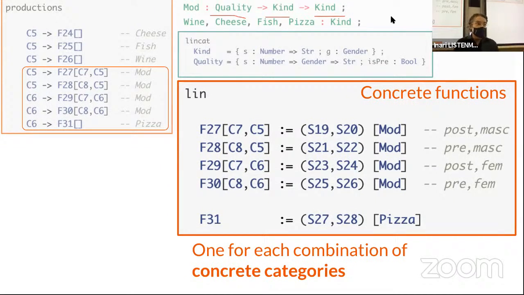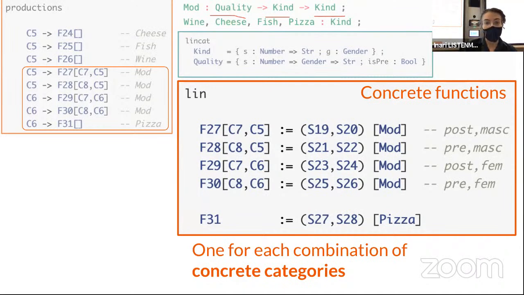So instead, we have one concrete function that takes a post modifier quality and masculine kind, and another one that takes pre-modifier quality and masculine kind, and so on. They can only do one thing, and they just do that. They don't know about any high level constructs. So how do they do that?